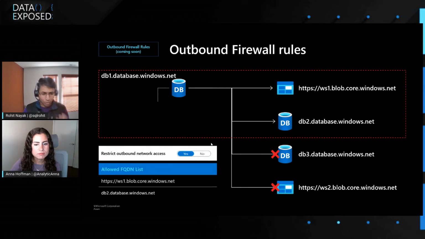And this is how you give this permission: at the server level, you'll set a high level property called restrict outbound network. When it's set to yes, that means you want to implement this bounding box. And then you will add a list of allowed FQDNs, which is basically saying which are the resources that I'm allowing network flows to.